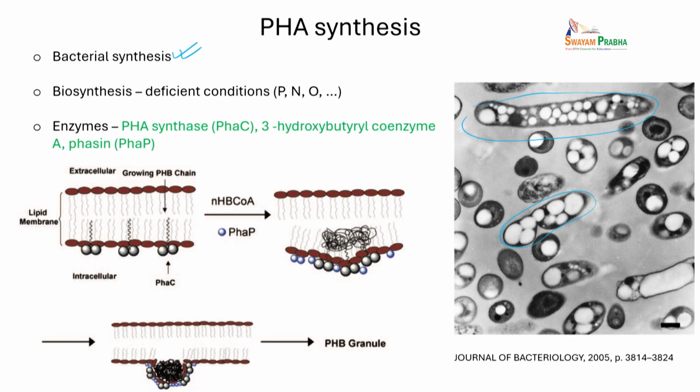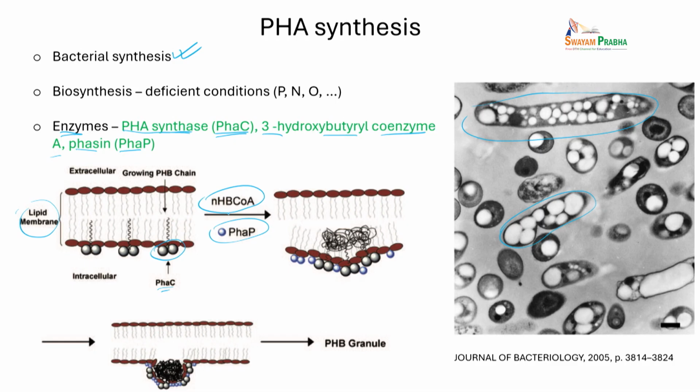When you stress the bacteria, you have production of PHA. In terms of the mechanism of how they form, about 3 enzymes are relevant: PHA synthase, in short written as PhaC, 3-hydroxybutyryl coenzyme A, and phasin. Looking at the mechanism, you have the bacterial lipid membrane, and the PHA synthase enzyme attaches to the head groups.